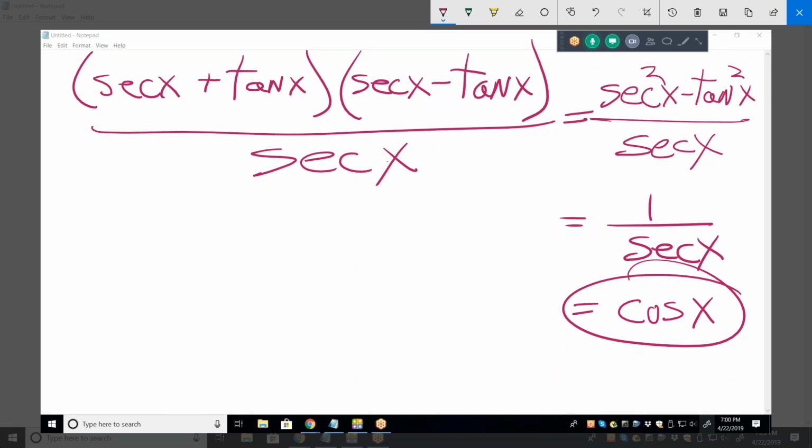I used that second Pythagorean identity, which is what you generally want to use when you're looking at secants and tangents: tangent squared plus 1 equals secant squared. Especially when you see that, because when you multiply that times that, you get this, and that's an identity equal to 1.